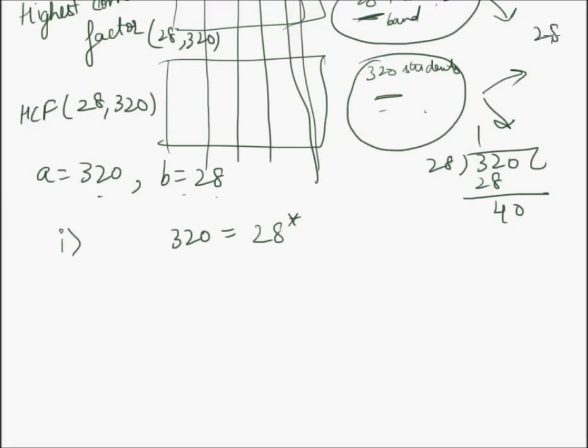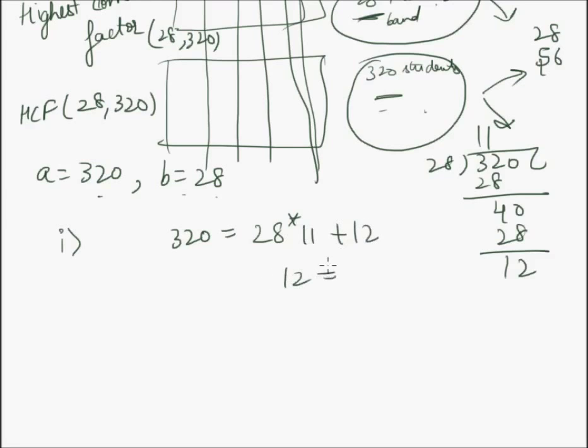The first multiple of 28 is 28 itself and the second multiple is 56. So we will get the values of Q and R as 11 and 12 respectively.